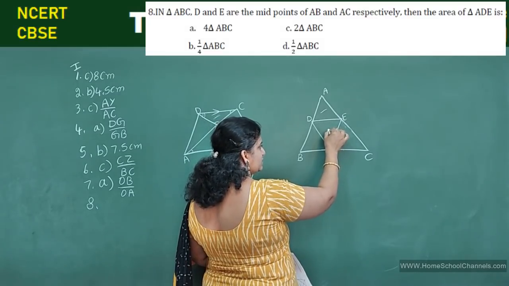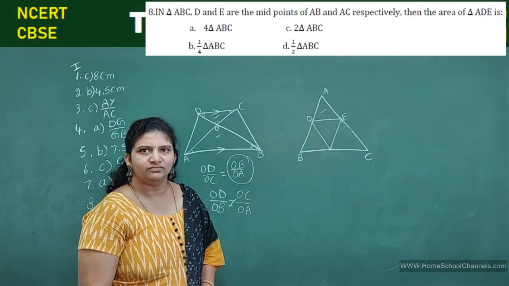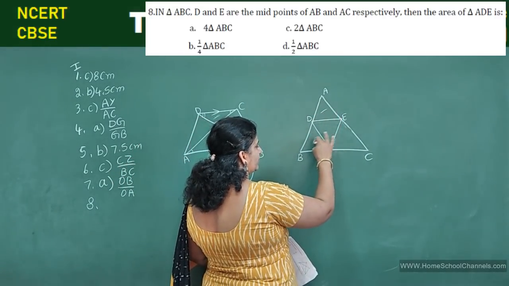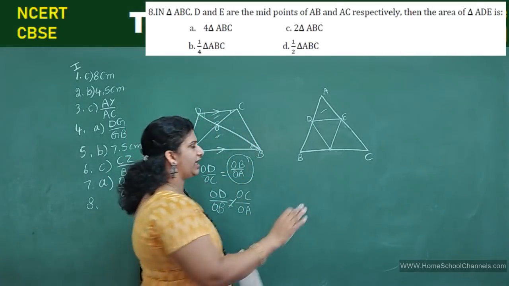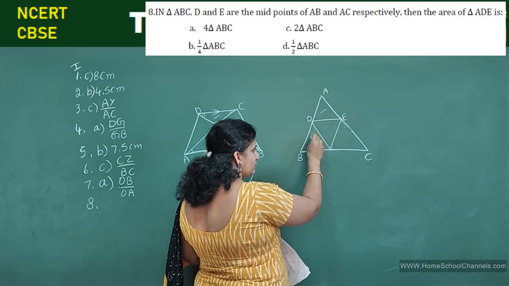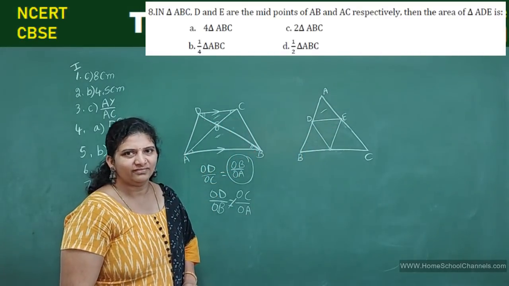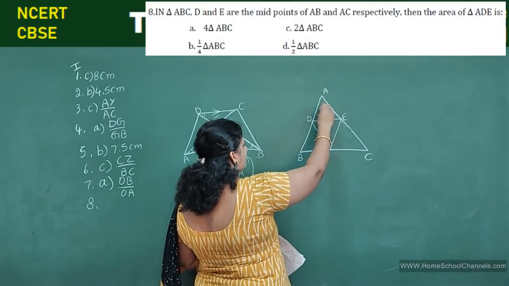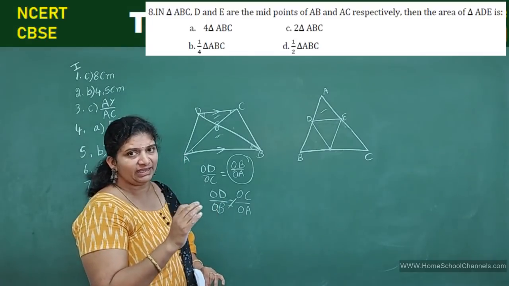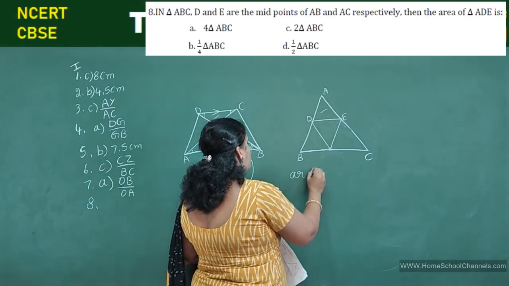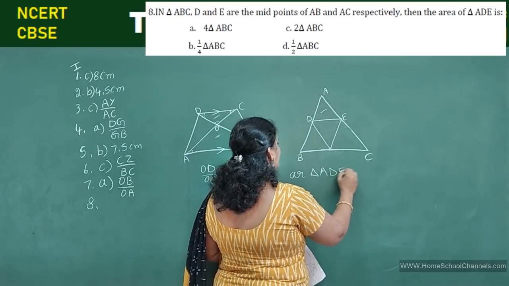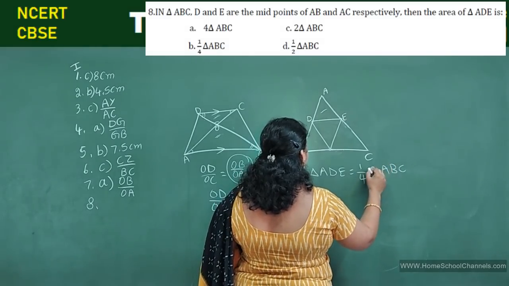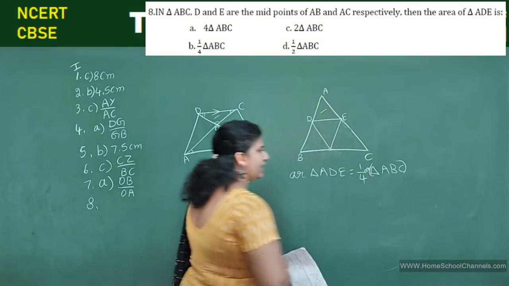So, this triangle is 1/4 of the big triangle. Yes or no? So, here, how many triangles are you going to get? 1, 2, 3, 4. So, 4 triangles. If you take any one triangle, that is 1/4 of the big triangle. Similarly, I can say that the area of triangle ADE is equal to 1/4 of the area of triangle ABC.